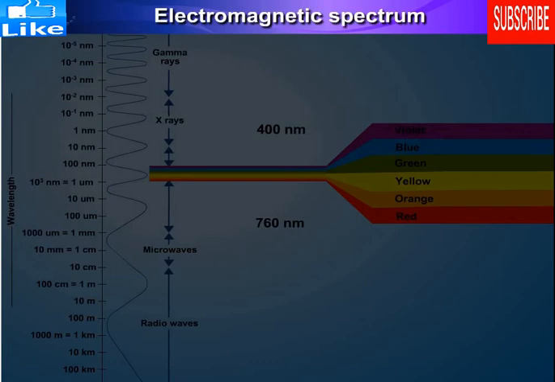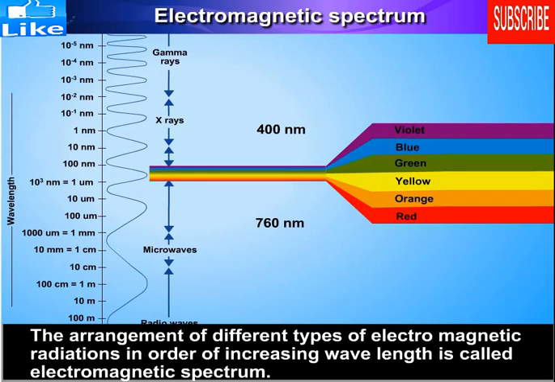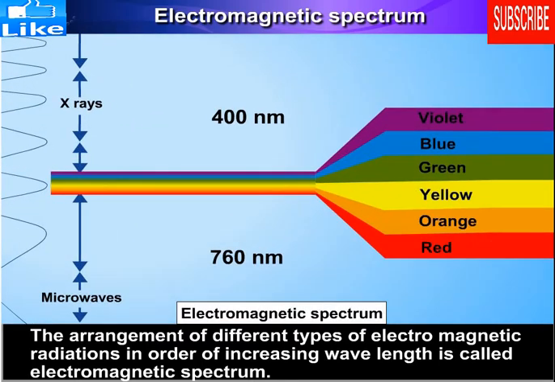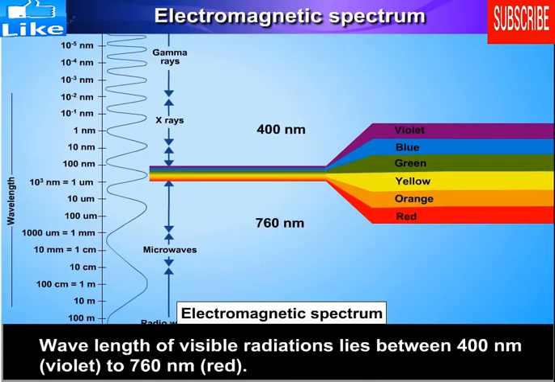Electromagnetic spectrum. The arrangement of different types of electromagnetic radiations in order of increasing wavelength is called the electromagnetic spectrum. The wavelength of visible radiations lies between 400 nanometers, violet, to 760 nanometers, red.